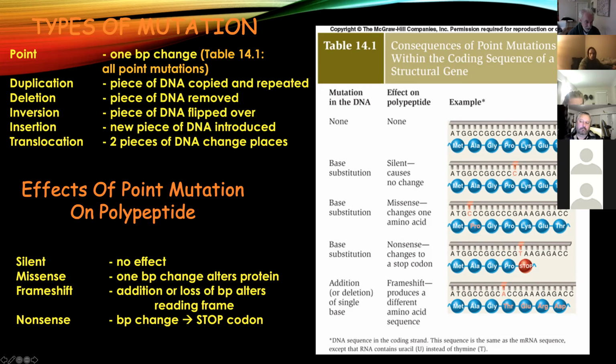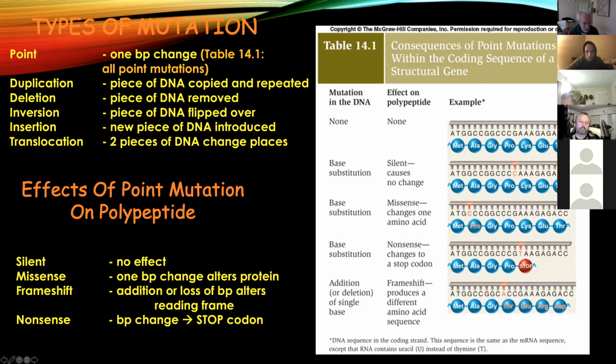Now, what are the effects of point mutations on polypeptides? Well, as we've just seen, a silent mutation has no effect. It's a mutation, but it doesn't change anything. A missense mutation is a one base pair change that does alter the protein. A frame shift shifts the entire frame of the DNA sequence so that anything after a frame shift mutation is different from the wild type.